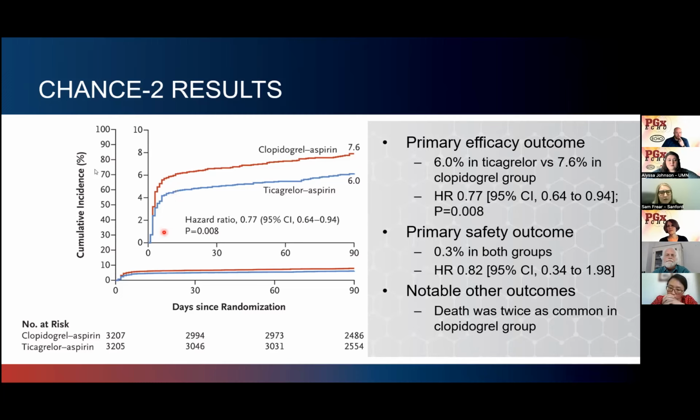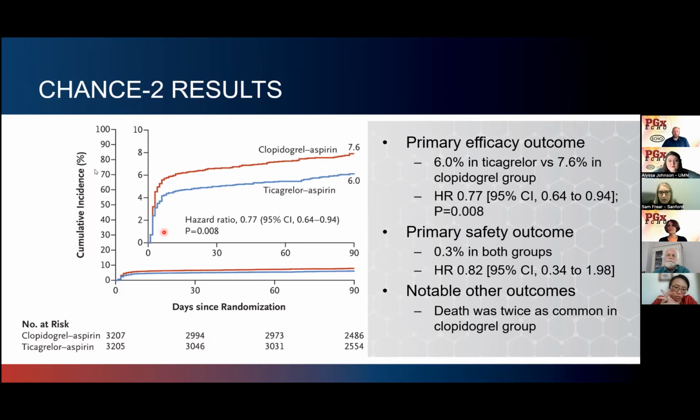And then suggesting that benefit of the ticagrelor over that clopidogrel in those loss of function carriers is really happening very soon after that stroke. So again, showing that we have a reduced incidence of the stroke with ticagrelor and aspirin.